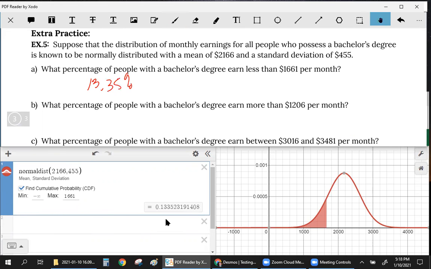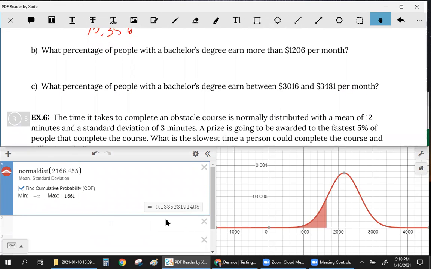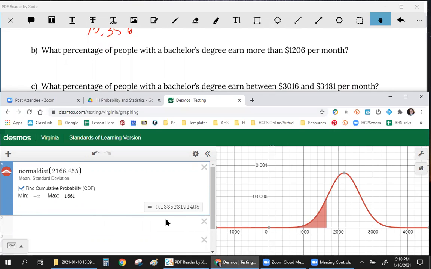Alrighty, next one. What percentage, same situation, earn more than 1206? All we need to do is change up your minimum and maximum. More than 1206 means that needs to go in as the minimum, but the maximum, I'm just going to delete that out and use the default value. As soon as I click anywhere else, it pulls that default of positive infinity in.